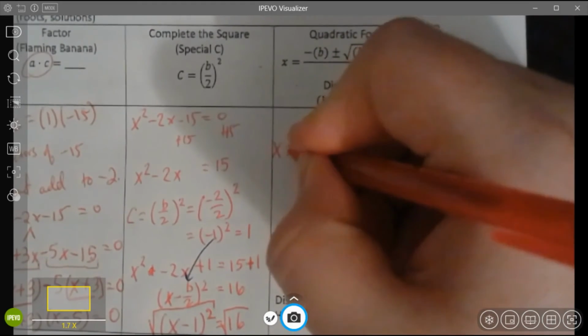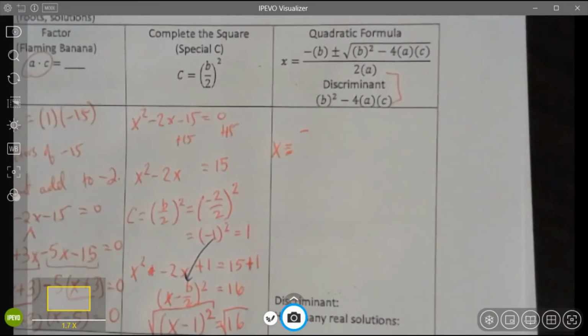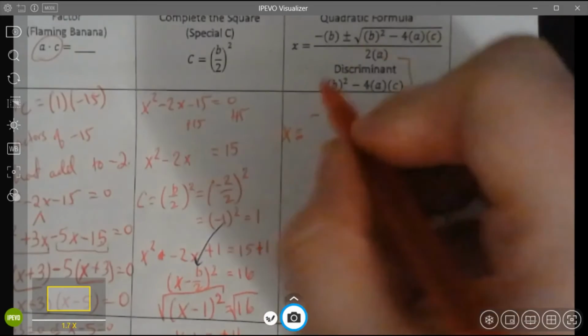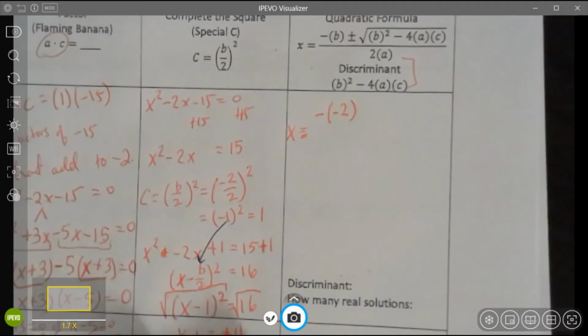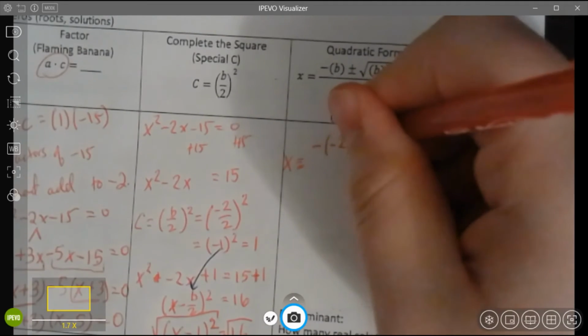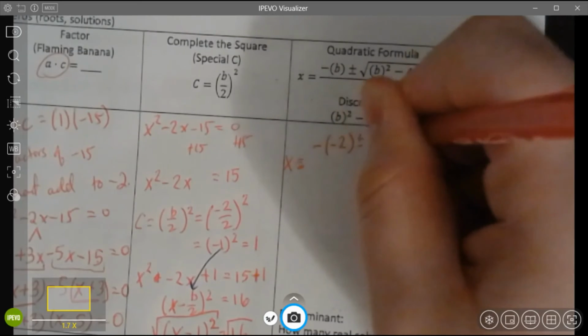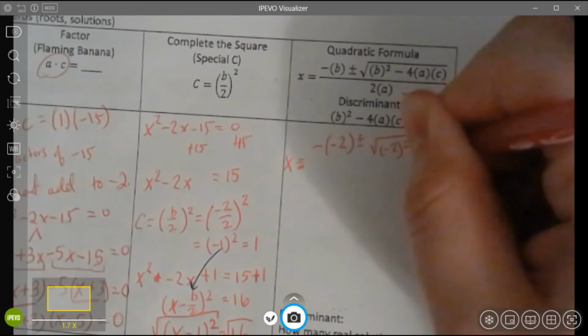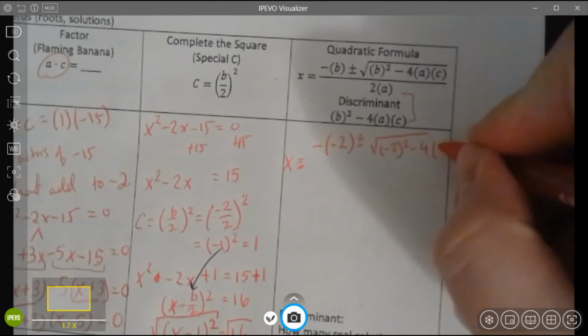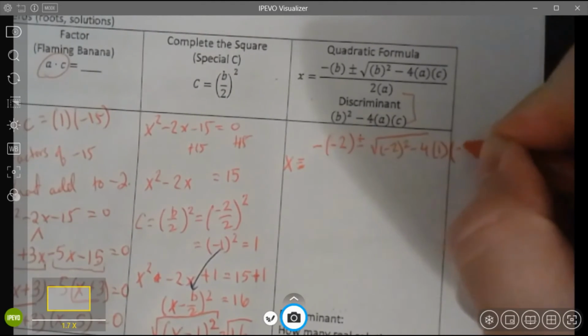So x equals negative b, and b is -2, so we're going to write negative, -2. There are two negative signs there. Plus or minus the square root of -2 squared minus 4 times a, which is 1, times c, which is -15.